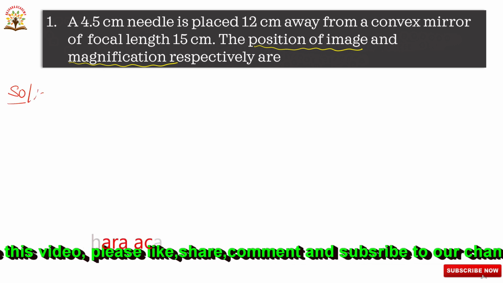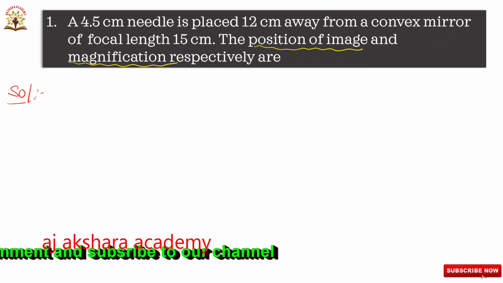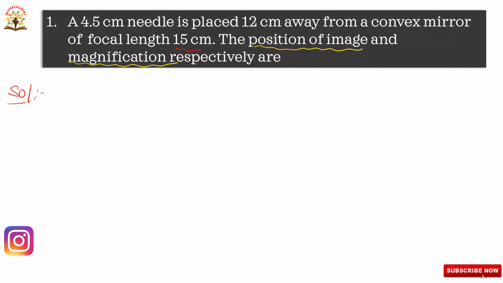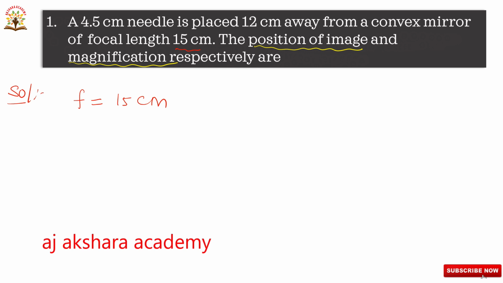Here we have to calculate magnification m, and given convex mirror of focal length 15 centimeter. So f is equal to 15 centimeter, and object distance is given as 12 centimeters away from a convex mirror, so u is 12 centimeter.